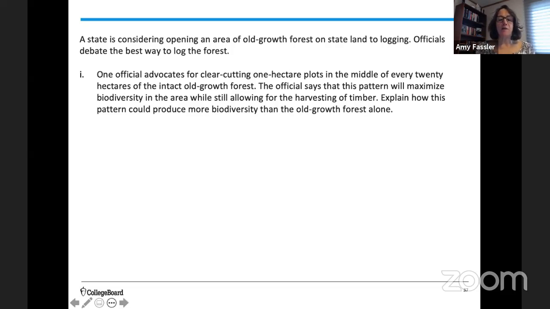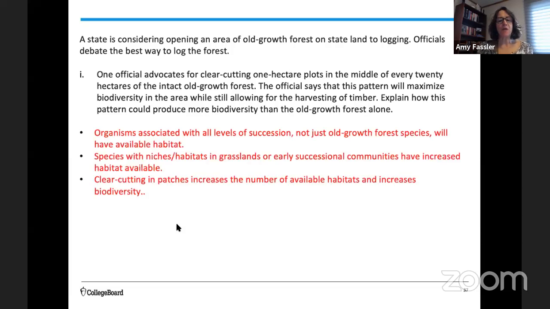Explain how the pattern could produce more biodiversity than the old growth forest alone. Well, I could say that there are some species that like sunlight, not all species like that old growth forest habitat. So I provide new species with new niches, some of those early succession communities.